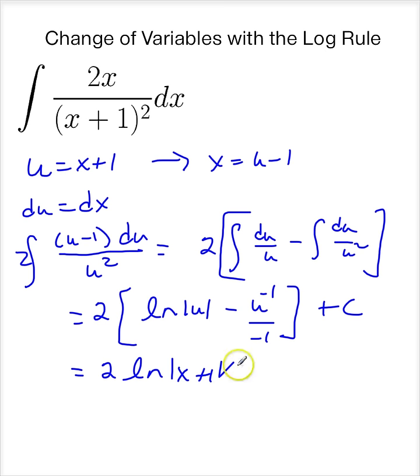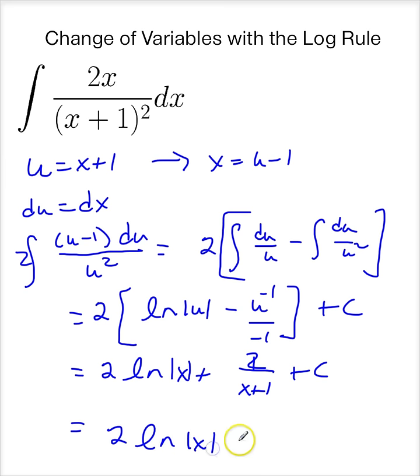Now this is going to be plus, sorry about that, plus 1 over x plus 1. Now I need to carry this 2, so this is 2 plus c. Erased a little more than I planned to. Let me rewrite that. This is 2 natural log of the absolute value of x plus 1 plus 2 over x plus 1 plus c.